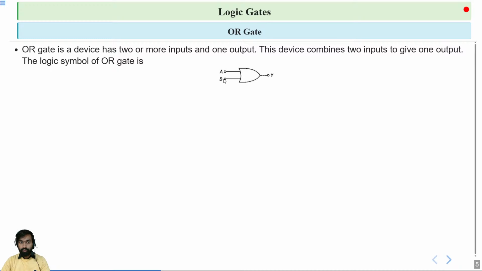The purpose of the OR gate is to combine multiple input signals and give a single output according to a logical OR operation. The OR gate symbol looks like a curved shape. Look here, the curved shape.